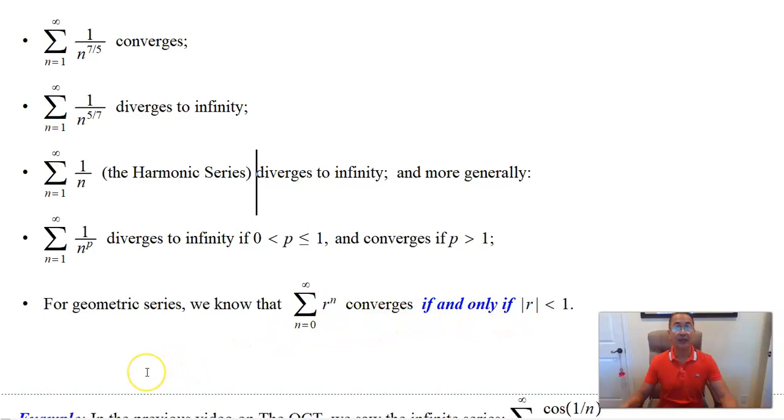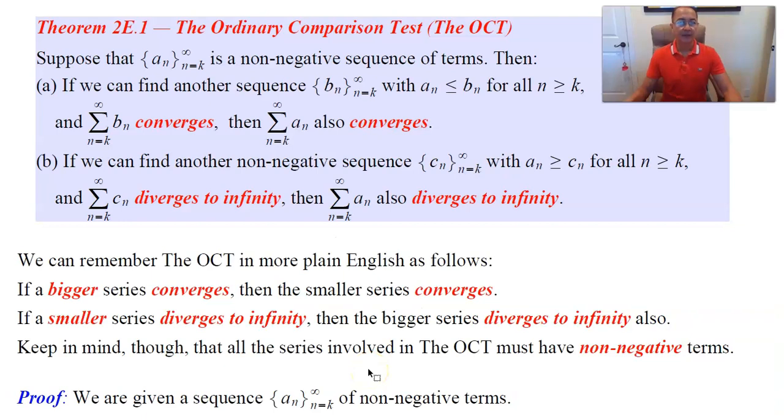Okay, so let's go to our textbook and review this time the ordinary comparison test. The ordinary comparison test tells us that suppose we have a sequence of non-negative terms. They could be 0, but most of the terms will be positive, maybe all of them.